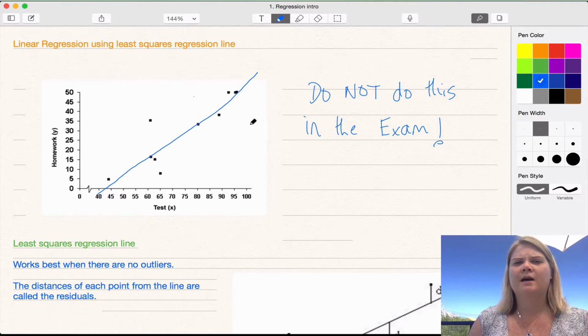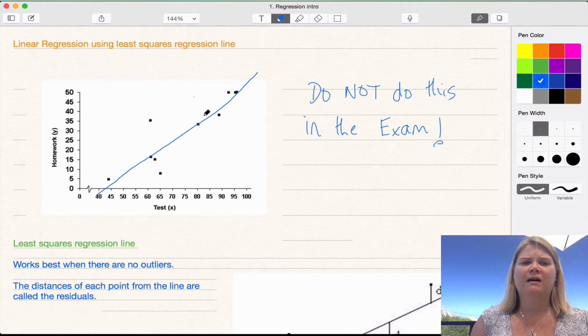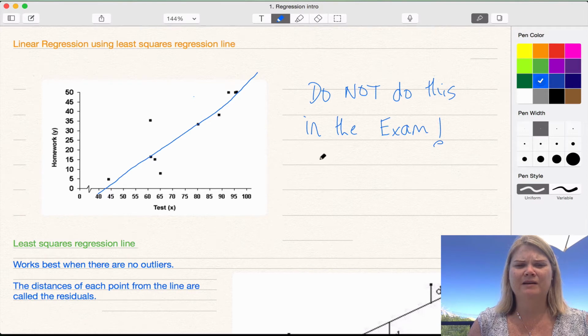The reason is it's not a very accurate way of finding a line that fits the data. Different people might get slightly different lines, and we're looking for accuracy in senior maths, and they will never ask you to do this type of regression line.